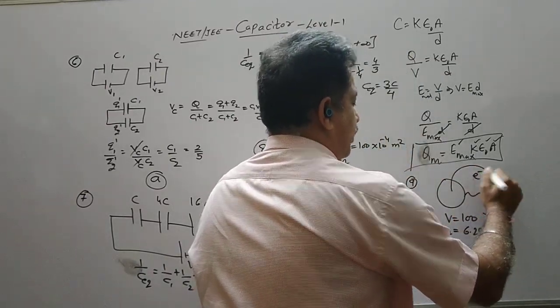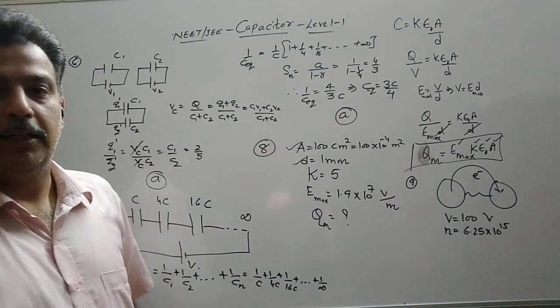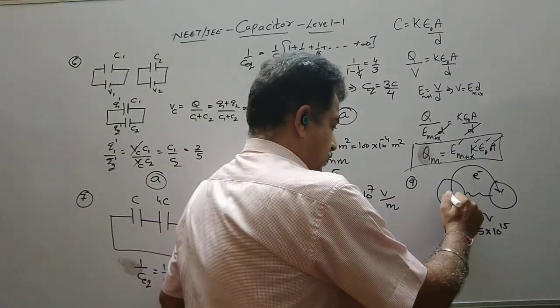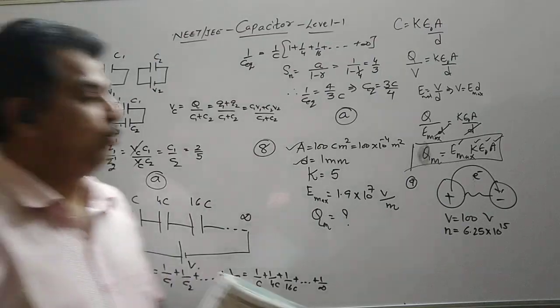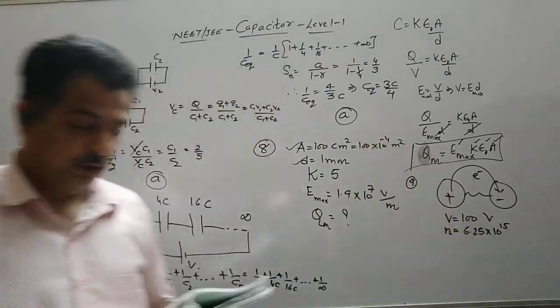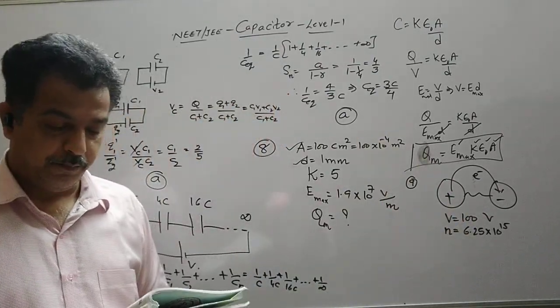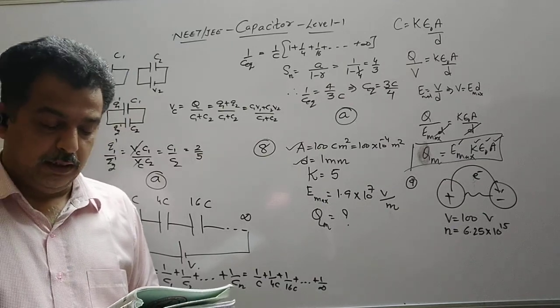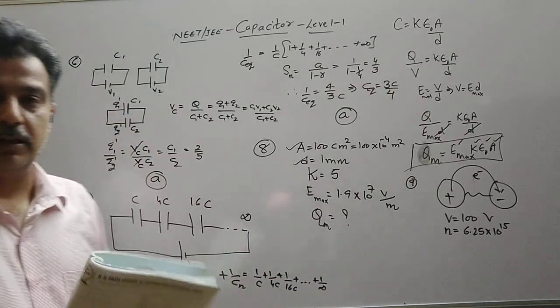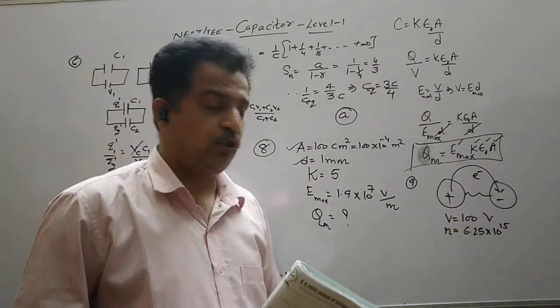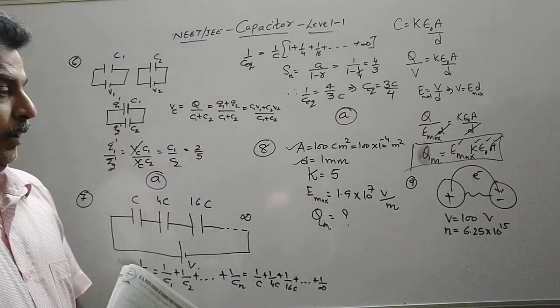Clearly, this sphere will become positively charged and this sphere will become negatively charged. As a result, the potential difference of 100 volt is created. Find out the capacitance of the system.